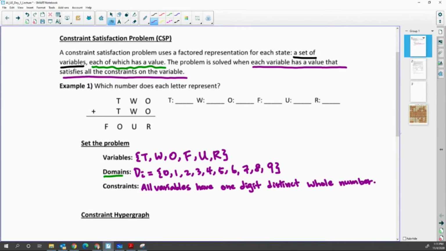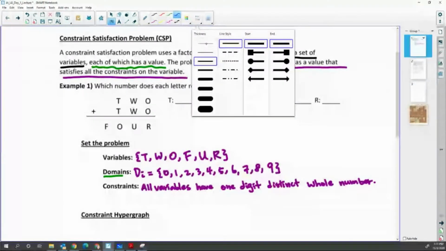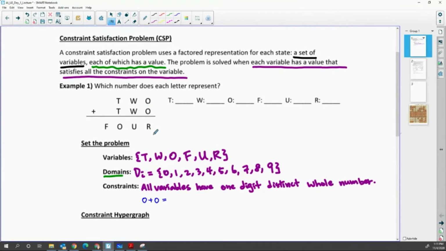There are more constraints because it's addition. So I can add more constraints. O plus O is R. But it can be more than 10, so I can make a hidden variable C1. So C1 times 10 plus R. Then the second constraint, I can say C1 plus W is, now I'm going to make another hidden variable C2.